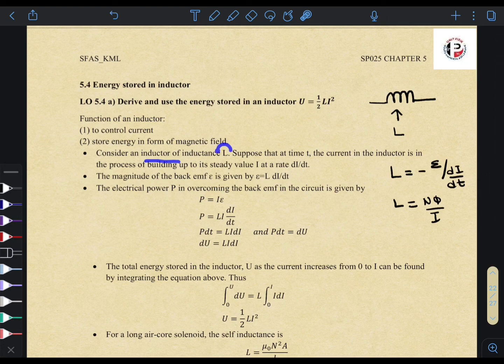Okay, consider an inductor of inductance L. Suppose that at a time t, the current in the inductor is in the process of building up to its steady value I at a rate of di over dt.